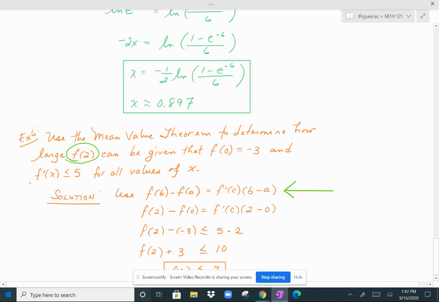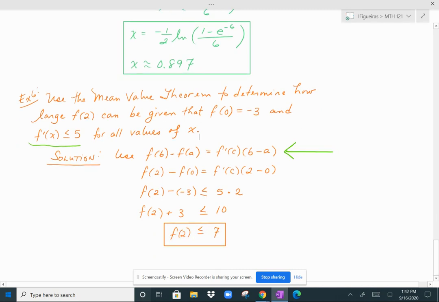So remember, we're trying to figure out how large f of 2 can be. And you are given some information about the derivative, and you are told something about the other value where your function exists at 0. All right, so if I plug in the numbers I know, this would be f of 2 minus f of 0 is equal to f prime of c times 2 minus 0.